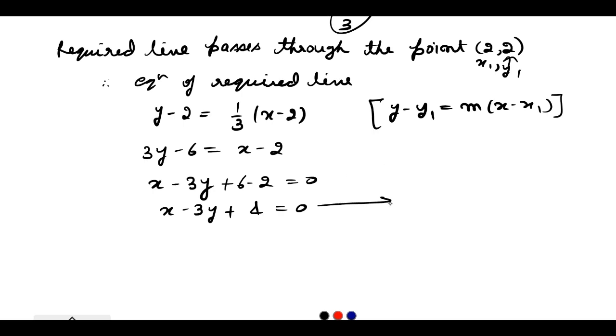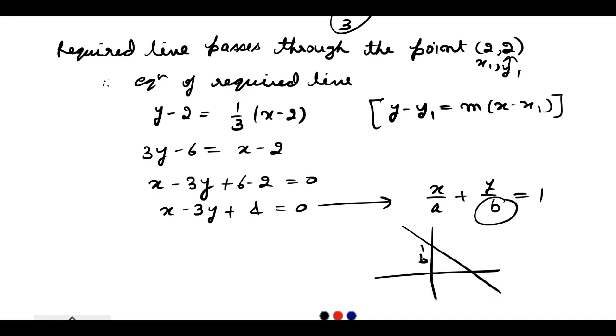First, convert this equation in intercept form and then find the value of b. Second, substitute x equal to 0. Because y-intercept is b, then a point (0, b) will lie on line, means x coordinate will be 0 at the point of intersection with y-axis.